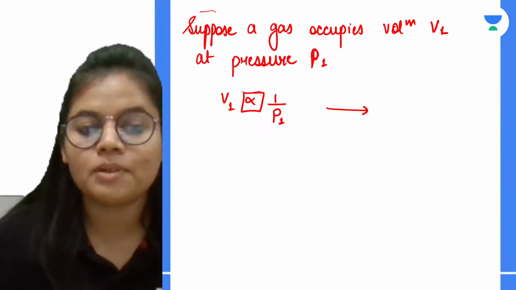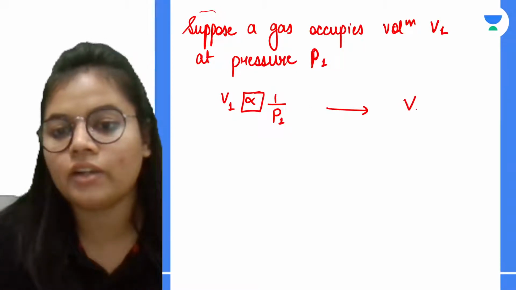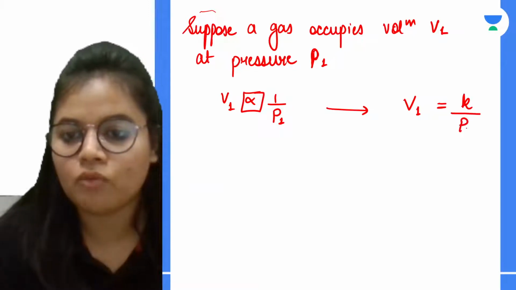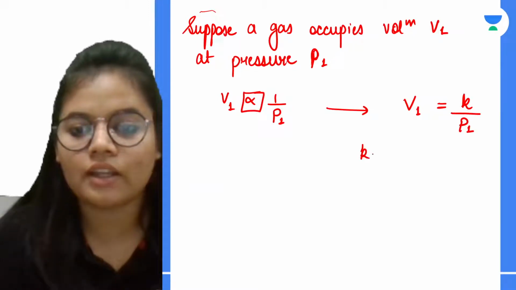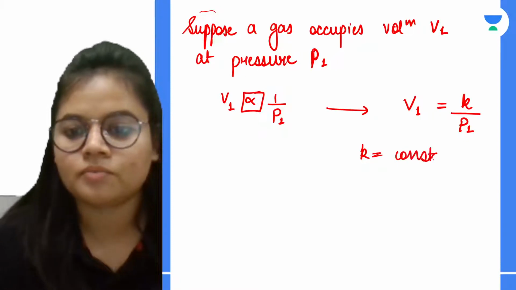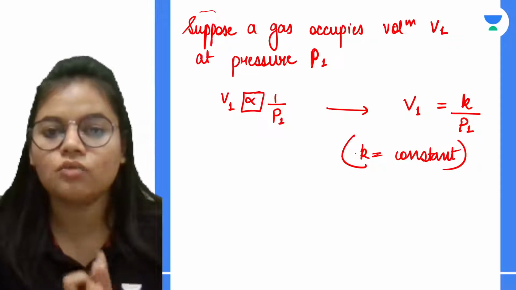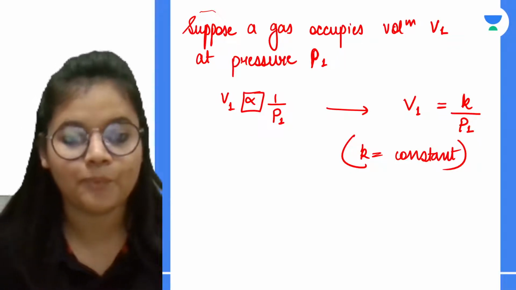So if I remove this proportionality sign, what I would get is V1 equal to a constant K upon P1. And do not forget to mention K is a constant quantity here. Now guys, let us suppose that this volume and pressure is changing. How?